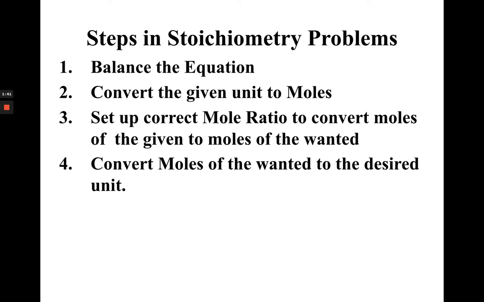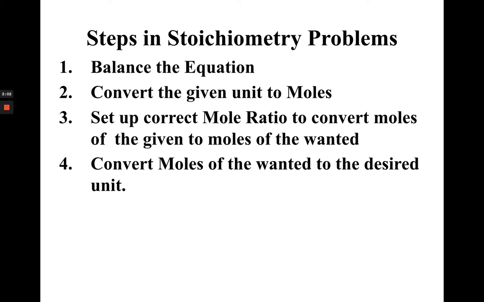So the steps in a really practical chemistry stoichiometry problem are the following. First, you have to have an equation. You're doing a reaction. You have to have an equation, and that equation has to be balanced. Then you're going to be given an amount, probably in grams, and before you can use that balanced equation, you're going to convert the given units to moles.